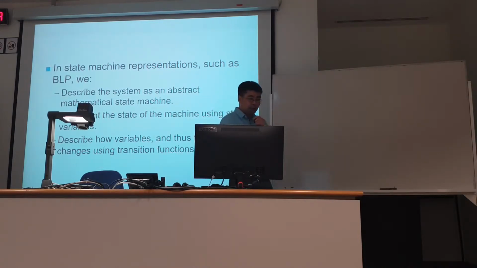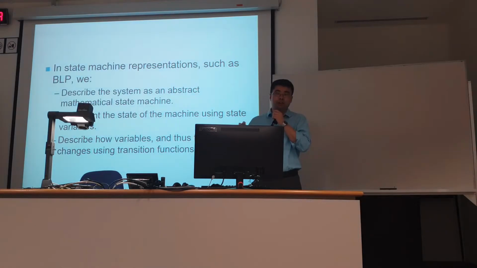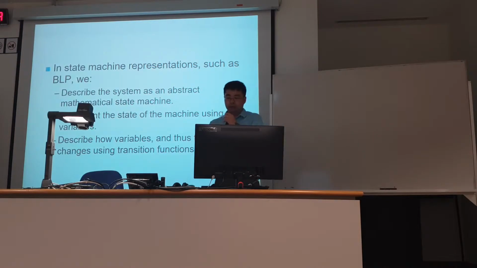We use the state transition diagram, or state machine, to represent the system. So essentially, you will define the system as a sequence of states. So you have the current state of the system. The current state means Alice is reading file 1, Bob is writing to file 2, Carol is executing program 1, and so on. So this is the current state, right?